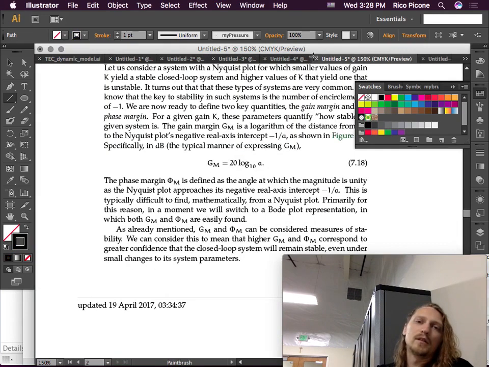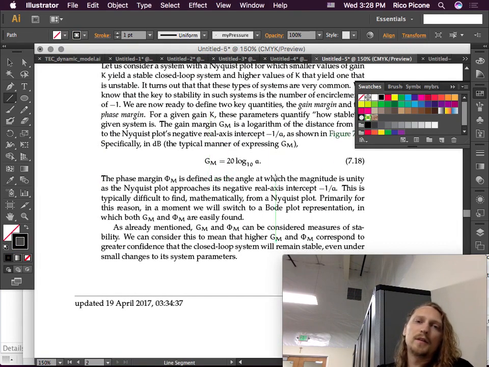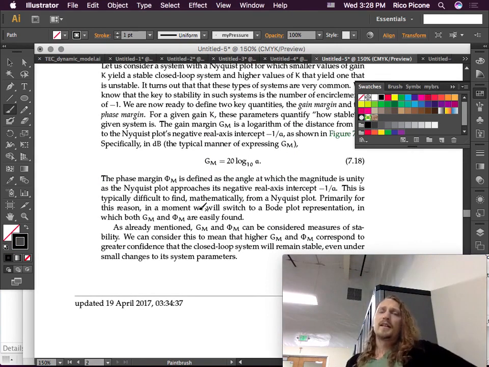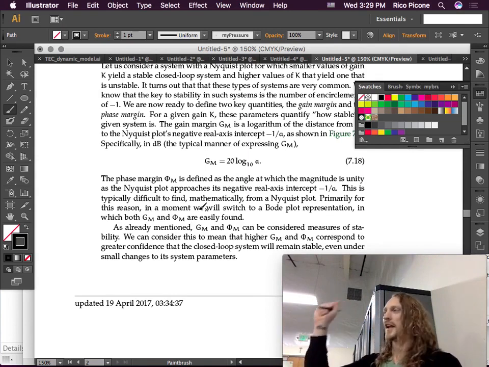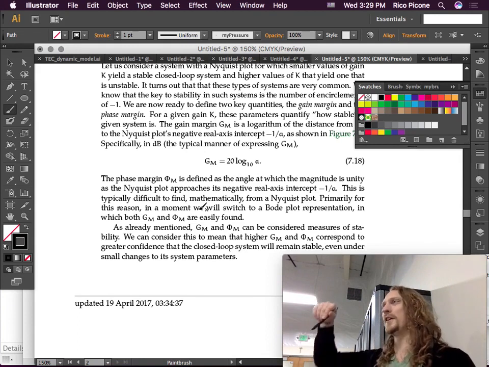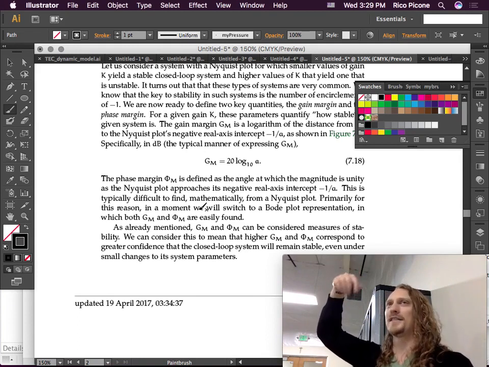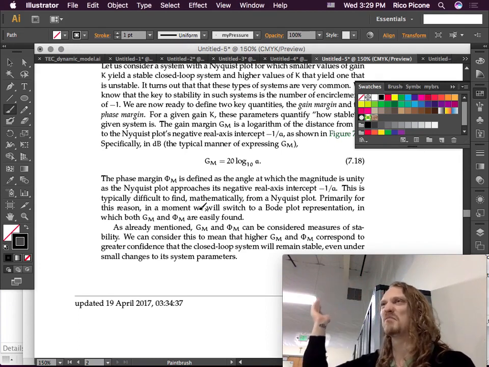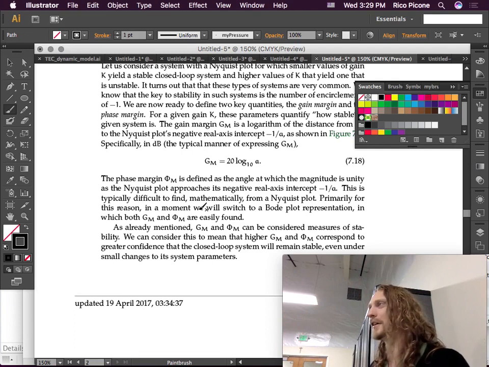It's difficult to find mathematically. Looking at the Nyquist plot, the gain margin is just where this intercept is, and then scaling it to -1. That's pretty easy to do. The phase margin involves figuring out where this curving line crosses the unit circle and what that angle is. That's a lot more difficult to calculate by hand, at least.